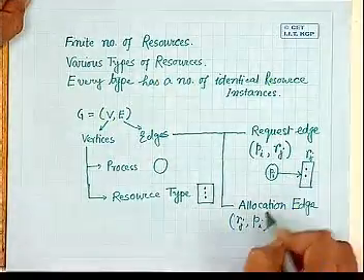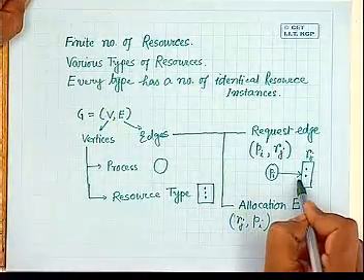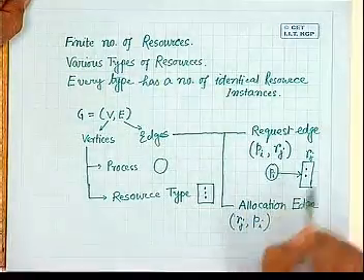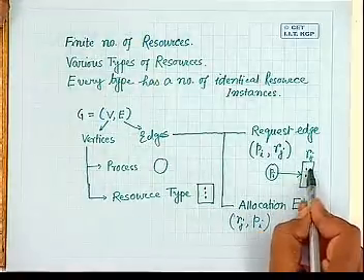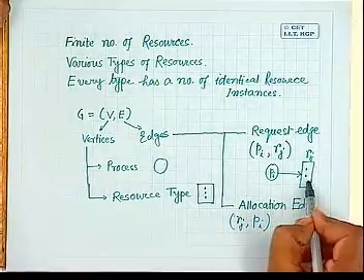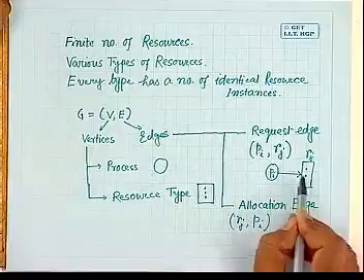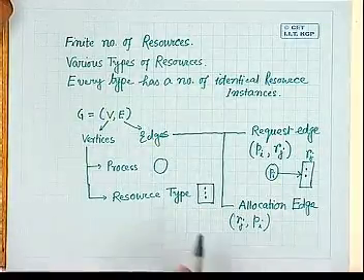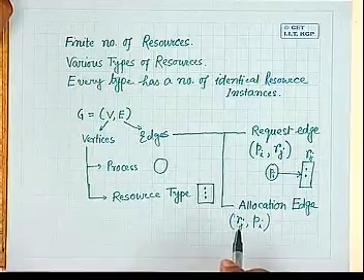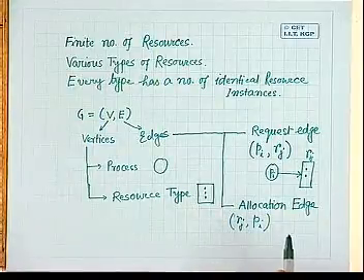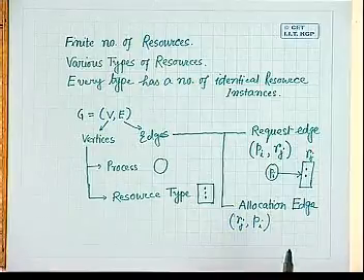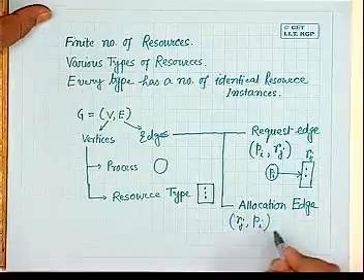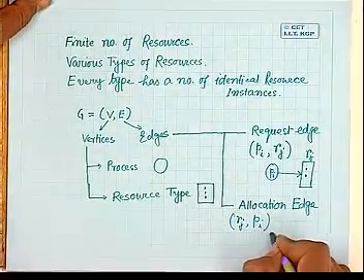And just having an allocation edge from resource type Rj to process Pi is not sufficient, because when the process has requested a resource, it does not know which of the instances of that resource type will be allocated to the process Pi. But when the allocation is actually made, it is no more indefinite. It is a particular instance which is allocated to the process. So, an allocation edge will appear like this.